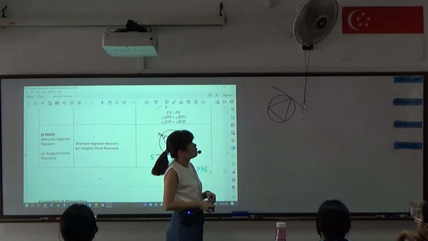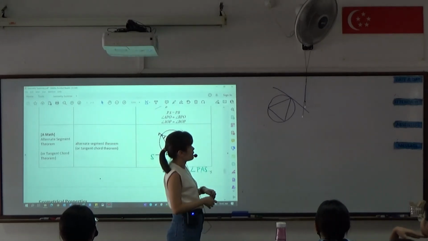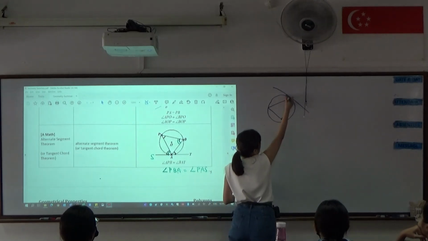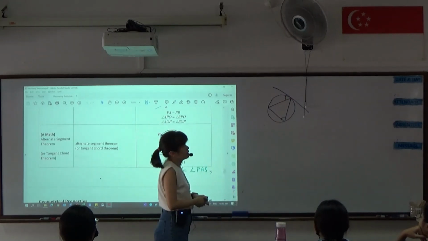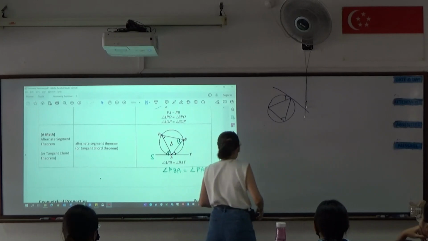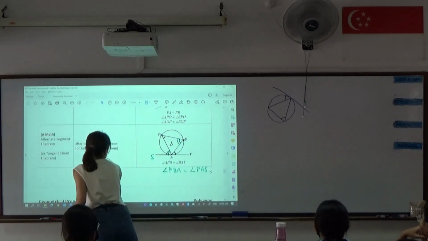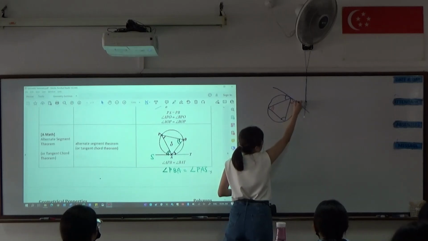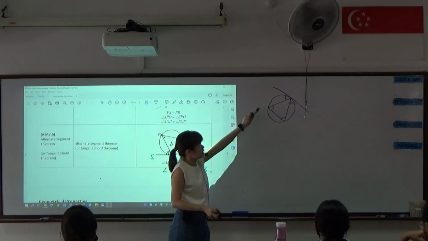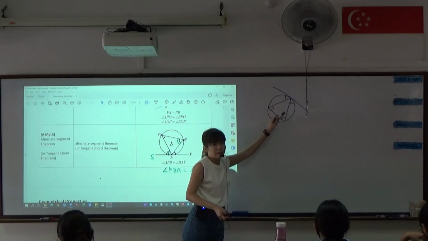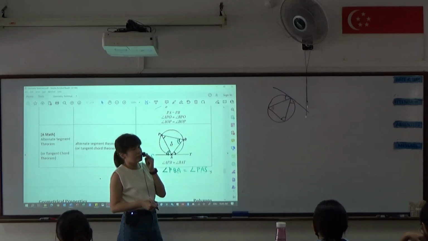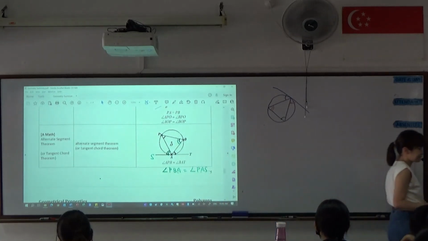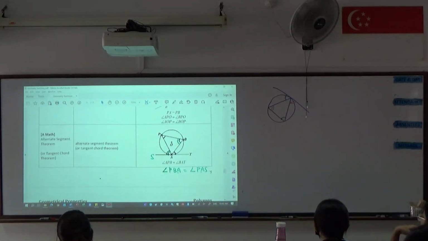So what are the two alternate angles that we can have? We can have one being here, another one here. And then the next one being this one with this one. So angle on the inside, angle on the outside. So there's another way that you can see things. That's the alternate segment theorem. Okay, clear?